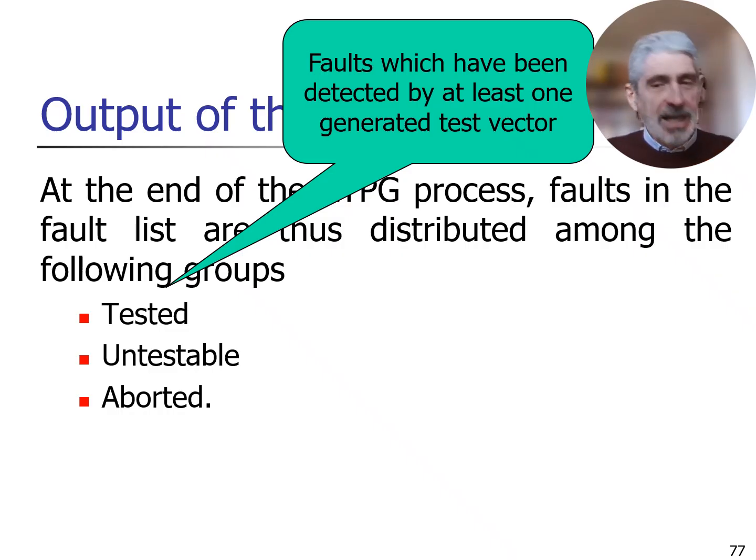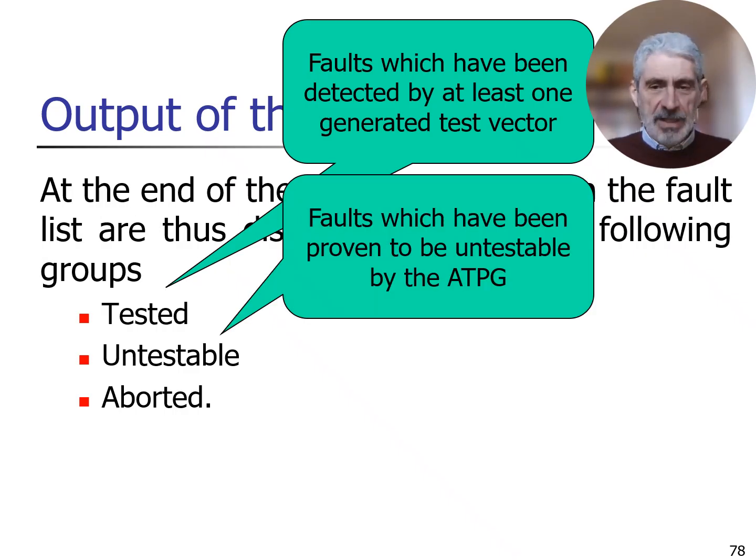Very often it is relatively small, but it depends on the circuit, which is the one of untestable faults. Faults that can be proven by the ATPG to be untestable. There are techniques for identifying these faults. The ATPG in general, in terms of algorithm, is able to either generate a test vector for a fault or to prove that the fault is untestable.